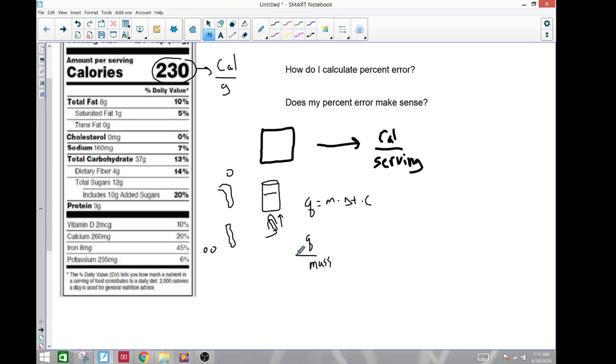Same ratio. The energy goes in here, and the mass of the Cheeto is the mass burned. We don't want to use part of the Cheeto that's not burned. So make sure you're subtracting your two masses so that you're just taking the ratio per burned Cheeto.